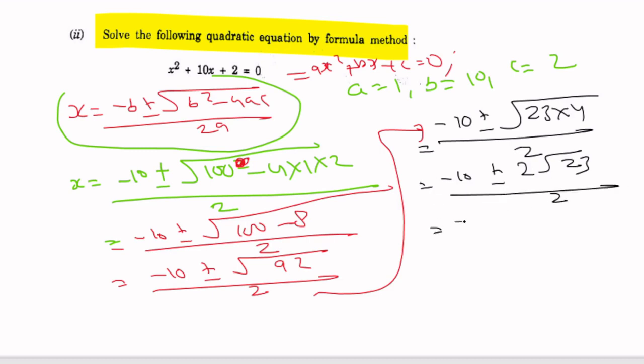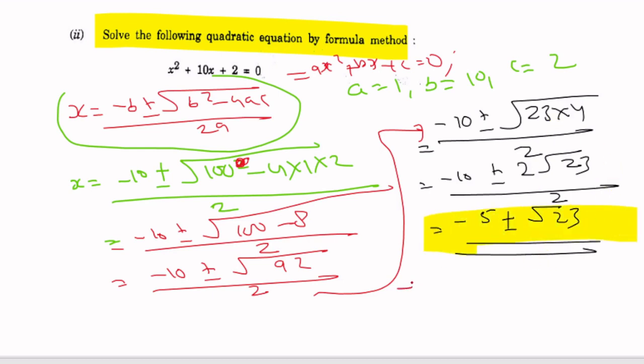Now 2 is common and it will get cancelled. So remaining will be minus 5 plus minus root 23, and this is your answer. So the answer will be minus 5 plus root 23 and minus 5 minus root 23. This way also it can be written.